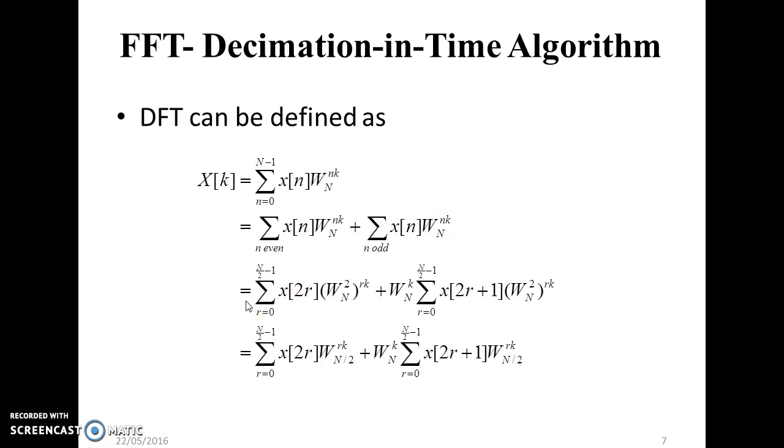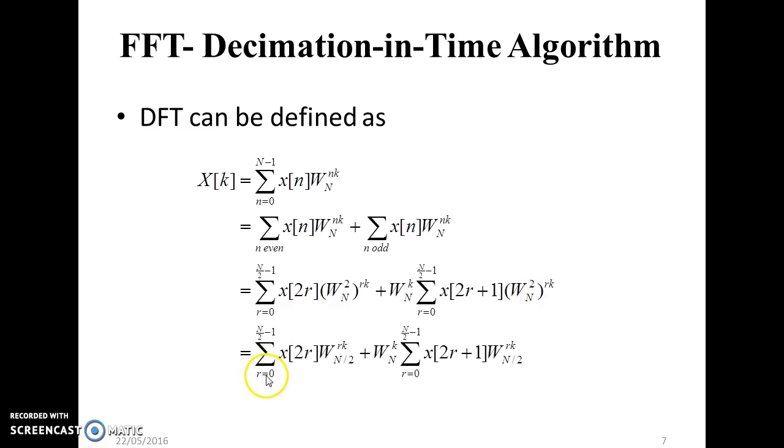That is, if we split the sequence into N by 2 and N by 2, we get for even samples summation over r equal to 0 to N by 2 minus 1 x of 2r W_N raised to 2rk, plus W_N raised to k summation over r equal to 0 to N by 2 minus 1 x of 2r plus 1 W_N raised to 2rk.